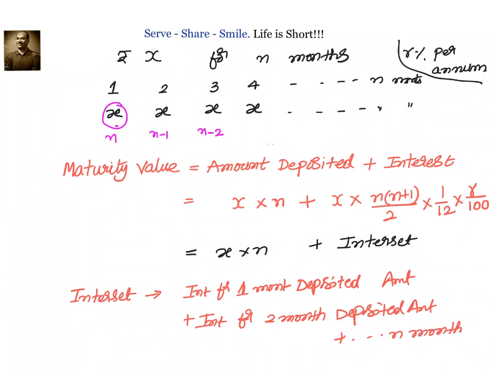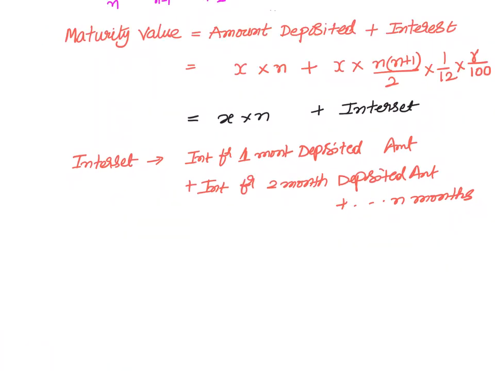Now we know that we can calculate the interest separately, so let's go ahead and do that. For the first month deposited amount we have to get interest for n months. So the interest formula is SI equal to PTR by 100. So X into time, which is n months, into R by 100, n months, so n by 12 years.